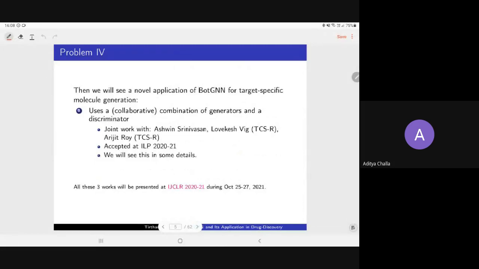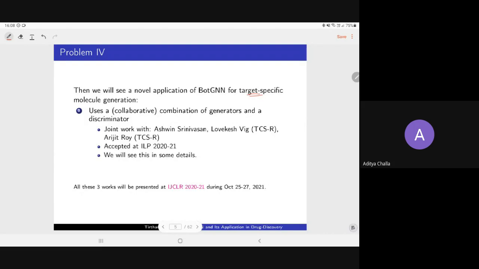And then we'll see a novel application of BOTTOM GNNs for target-specific molecule generation. What does this mean? I'll come to the slide and describe it later. So what it mainly does is it uses a very nice collaborative combination of generators and a discriminator. This is a joint work with Professor Ashwin Srinivasan, Lokesh from TCS Research, and Arijit Roy from TCS Research in Hyderabad.